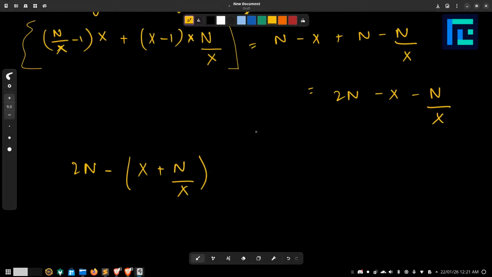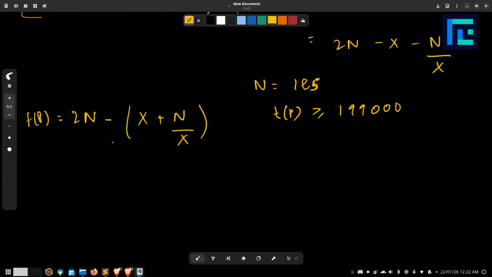And we have the constraints as n is equal to 1e5, and this is the value of f of p that we have generated, and we want f of p to be greater than or equal to 199000. So what we can do is, let's just put the values.